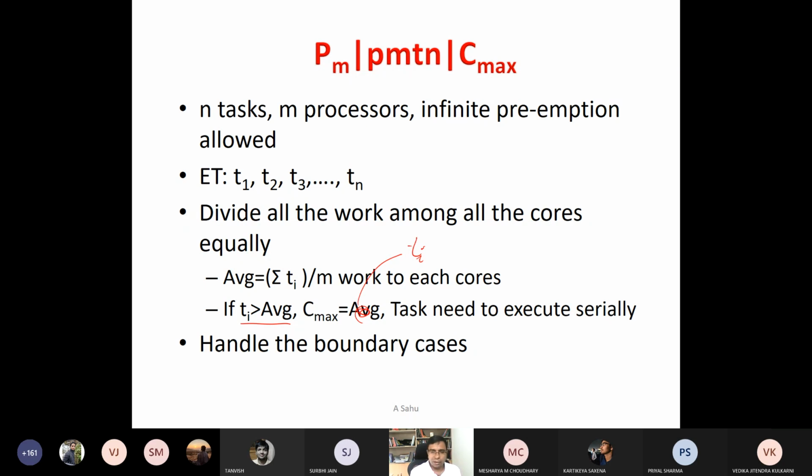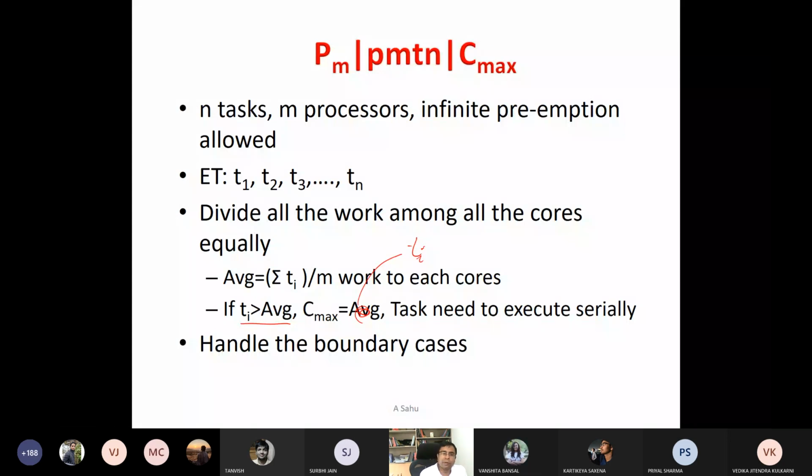Similarly, we need to go for all the tasks. If after doing that the same thing occurs again, then it can be done in polynomial time. This is a very easy problem. Yes, there should not be any issue.